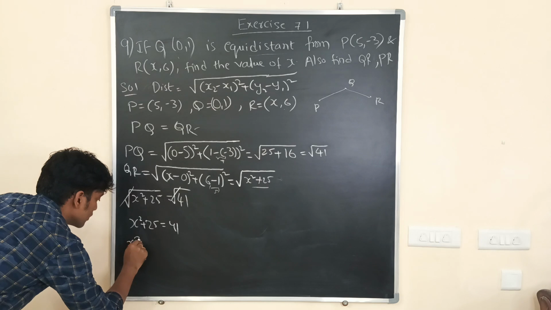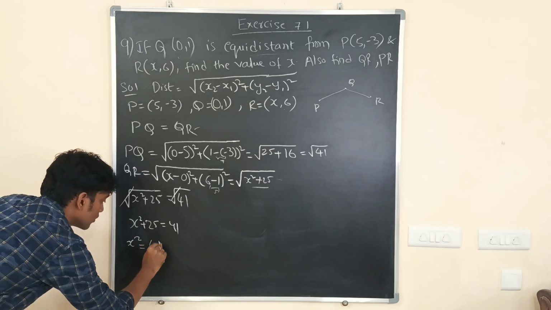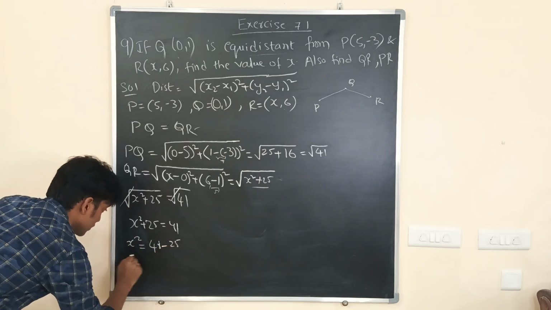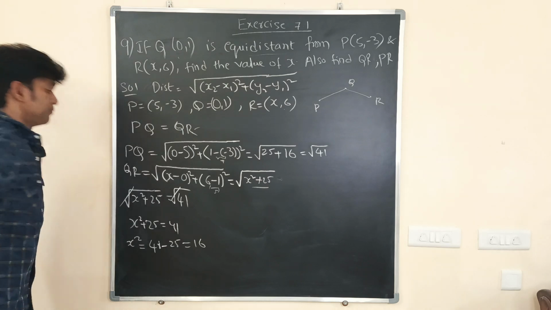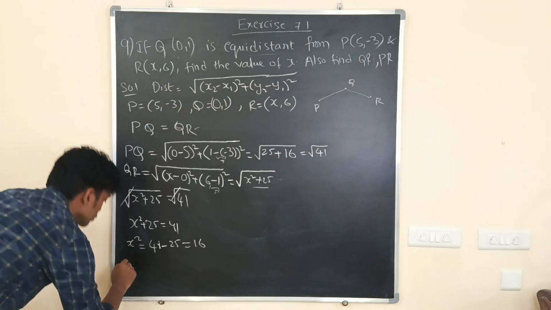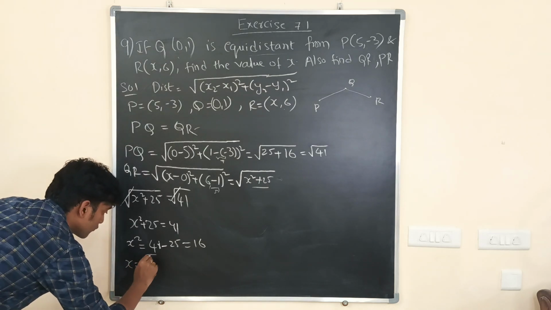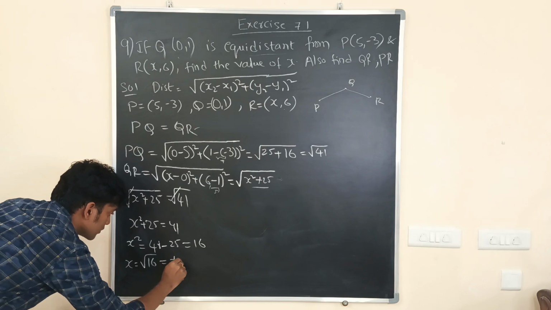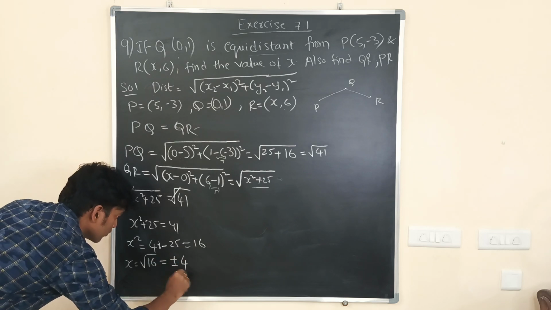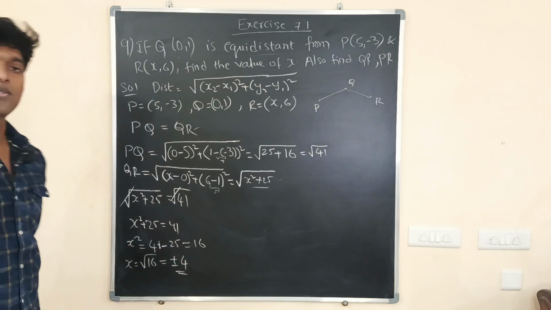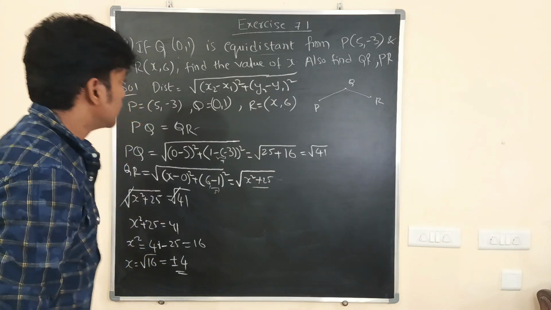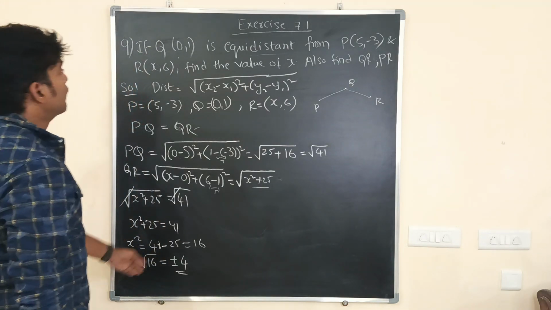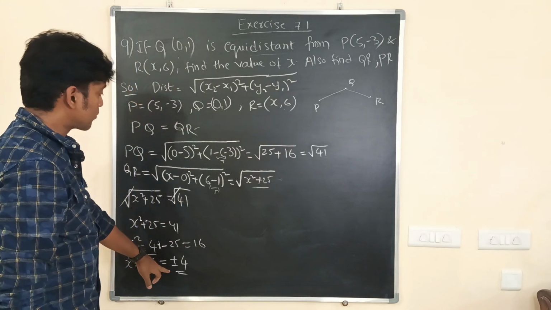So x square is equal to 41 minus 25, that is 16. So x is equal to square root of 16, which is plus or minus 4. Hence, this is the answer. The value of x is plus or minus 4.